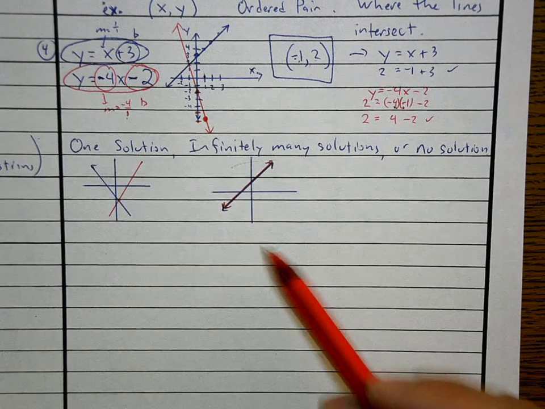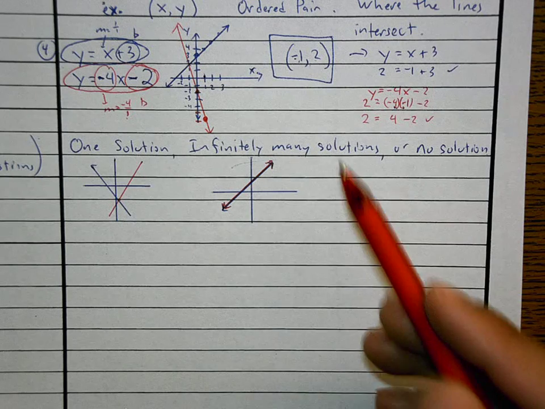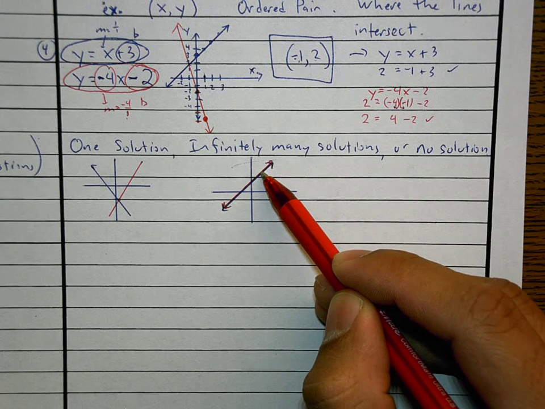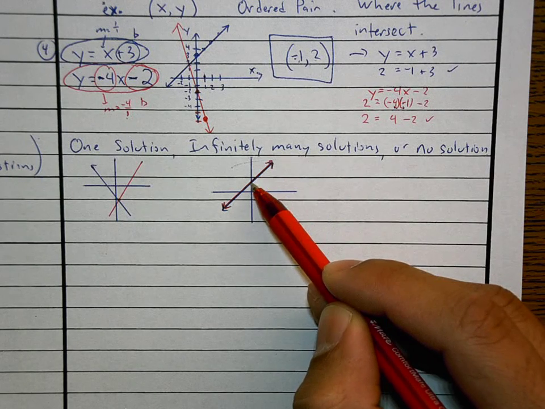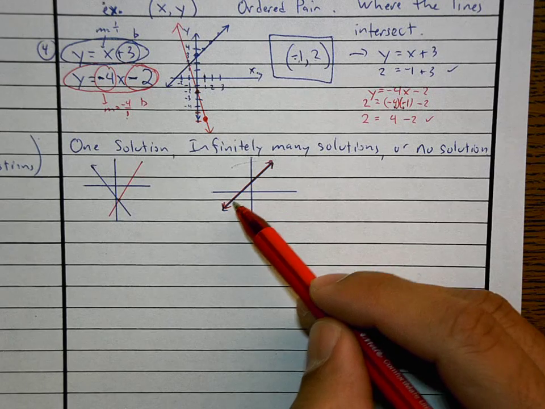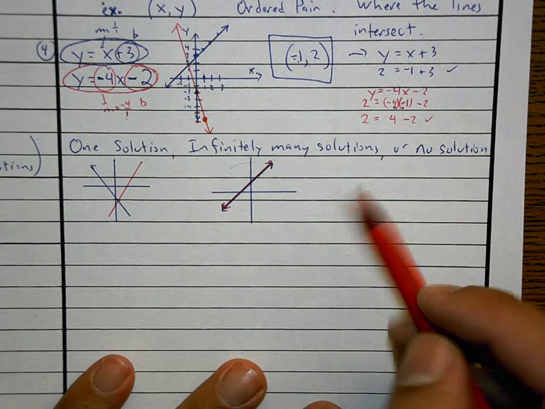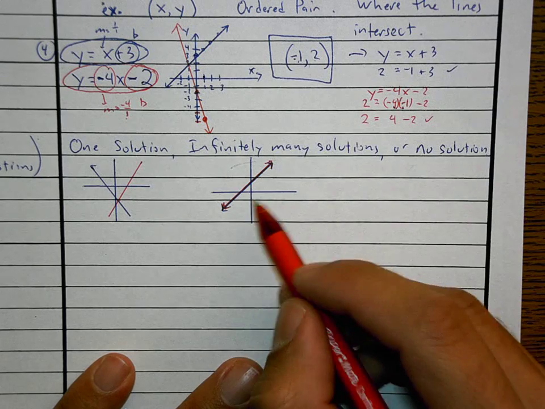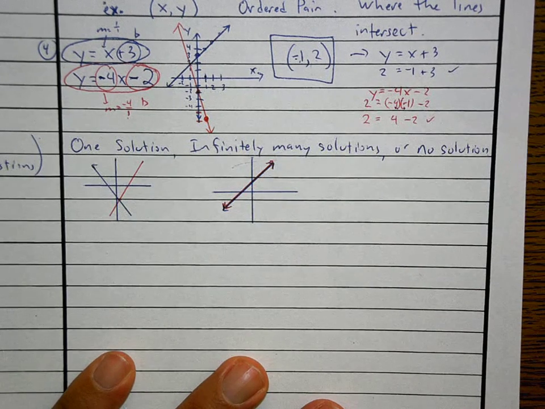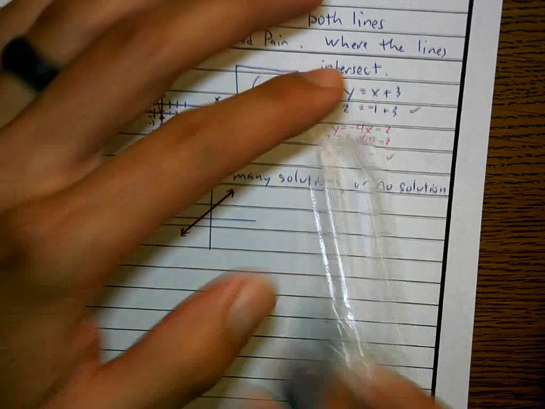There's infinitely many solutions because this point works for both lines. This point works for both lines. This point works for both lines. There's an infinite number of points that work for both lines. This means that the two lines are the same. Lastly, no solutions look like this.